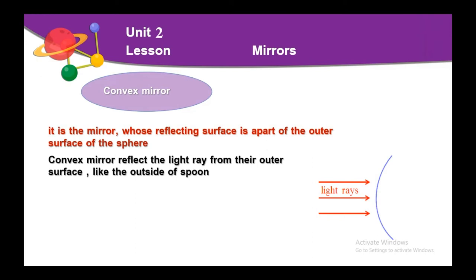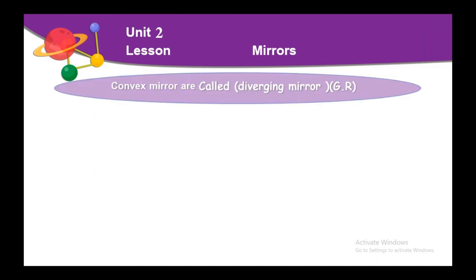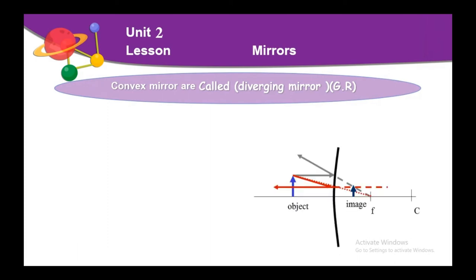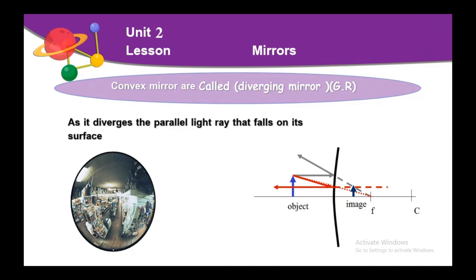The inner part of the spoon is concave; the outer part is convex. Convex mirrors are called diverging mirrors. Why? Because they diverge the parallel light rays that fall on their surface.